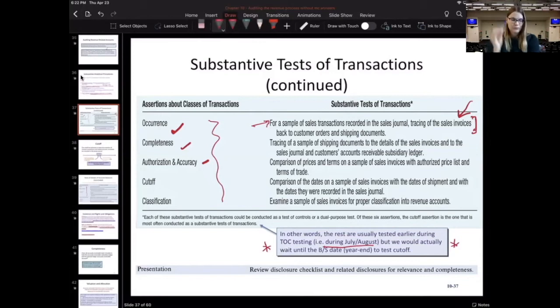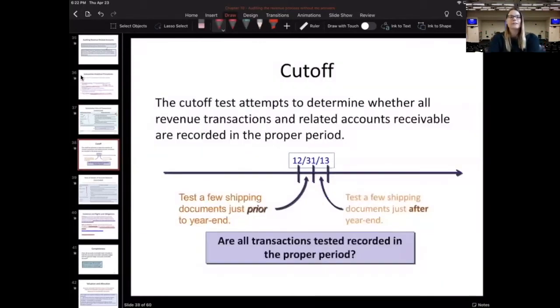For cutoff, my test is going to be that I pick several random transactions, usually 10 days, 2 weeks or so, sometimes 1 week, some short period before year end. And then I'm also going to have 10 days after period ends, and I'm going to pick a few random shipments from that period too.